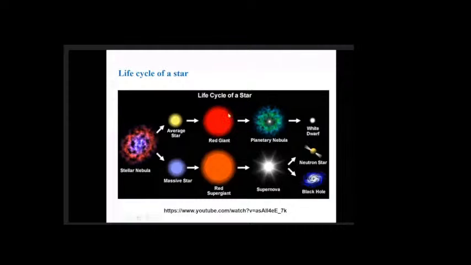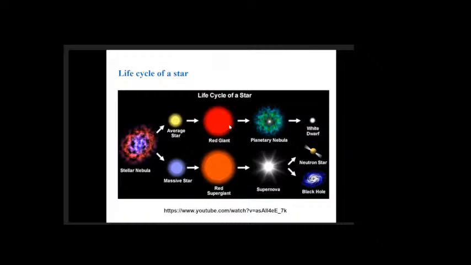This red giant phase will expand so much that, for example, if our sun reaches this red giant phase, the red giant envelope of the sun will eat up Mercury, Venus, and it will reach up to the point of Earth. So we will also be inside the red giant. And the core that has stopped burning hydrogen, the future of that core has two possibilities.